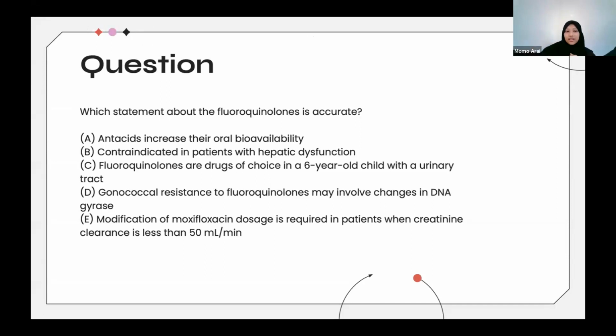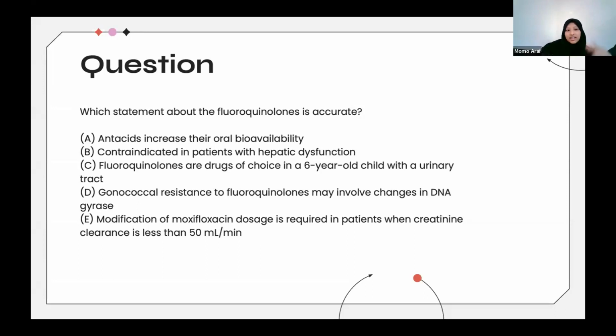The others are the opposite. People said D. Okay, there's a lot of things to remember about fluoroquinolones, right? Let's go step by step and then we can see if D is the answer or not.